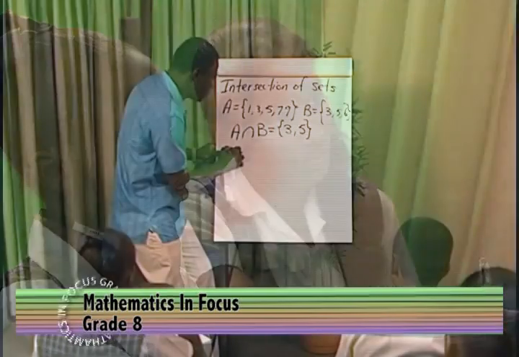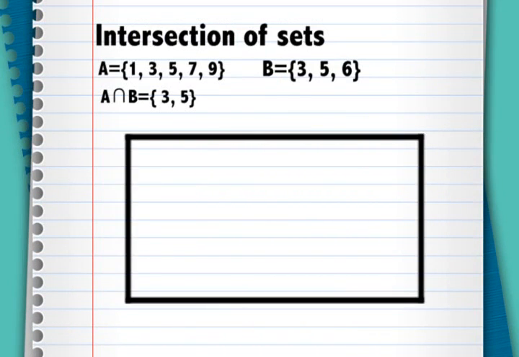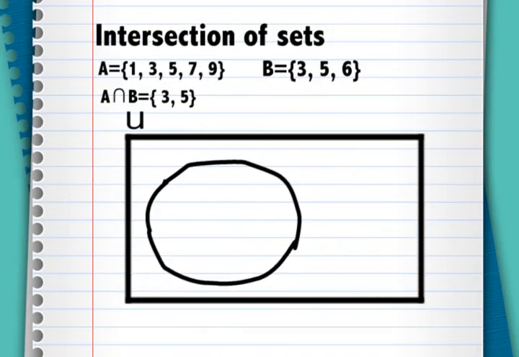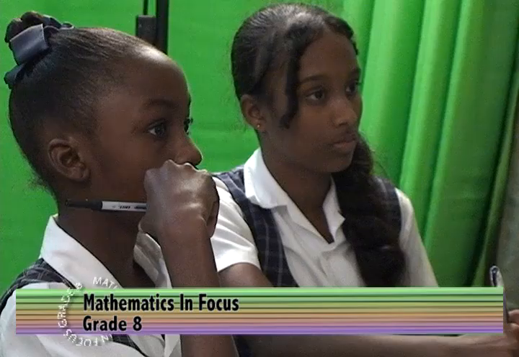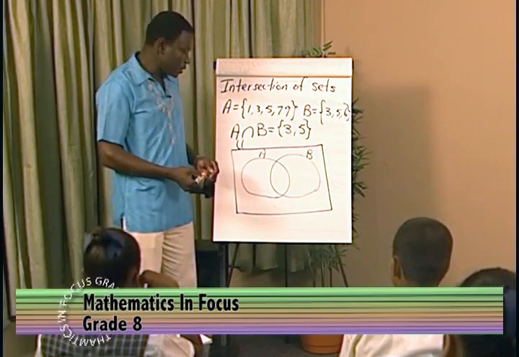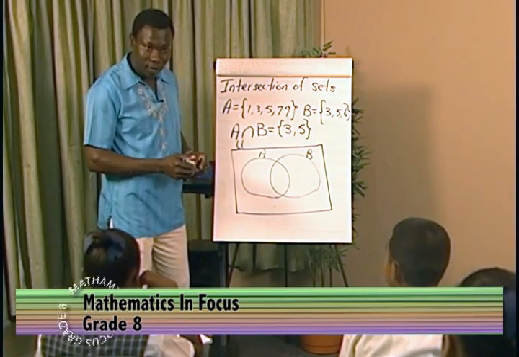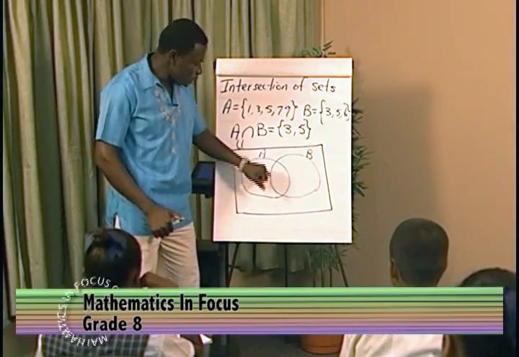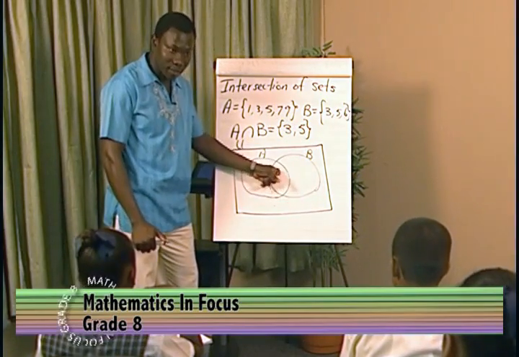Let us use a rectangle to denote the universal set, and we name the universal set U. And we use two loops, one for the set A and one for the set B. But before we list the elements, it is best for us to list the intersection. Observe that I deliberately draw these circles to be intersecting each other, so that the elements that are in common will go in the space here.